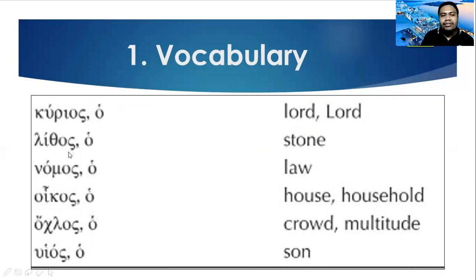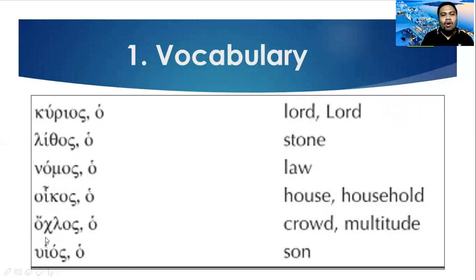We have the word lithos. Can you say it with me? Lithos. It means stone. Then we have the word nomos. Nomos. It means law. Next word is oikos. This is a diphthong. Oikos. It means house or household.